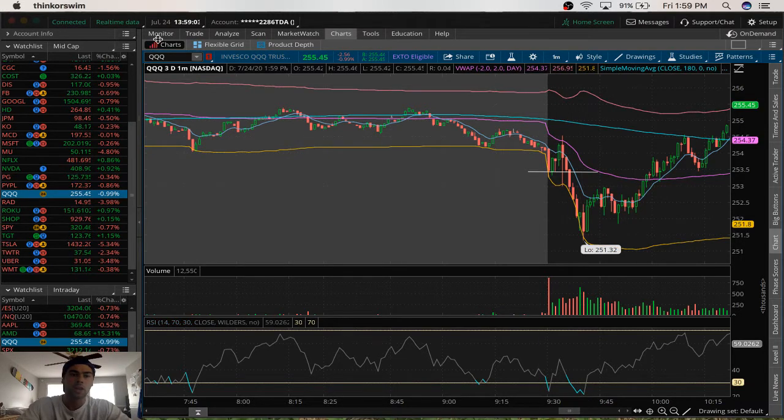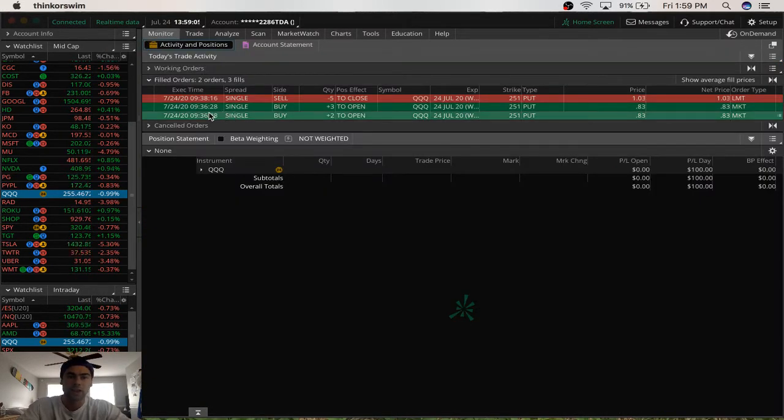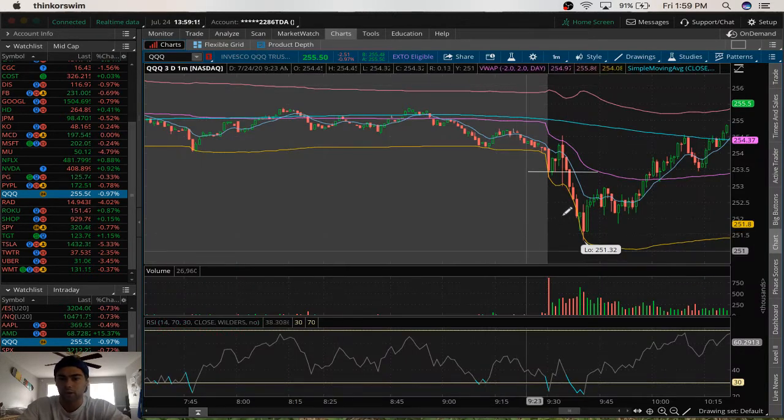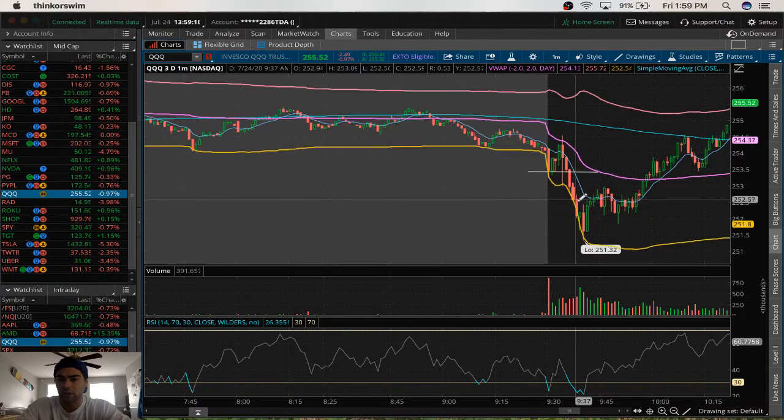So I'm going to go ahead and pull up my trade here. You can see I got in at 9:36 in the morning on QQQs with some Q puts. Then I got out at 9:38, just 2 minutes later, selling on this candlestick here as we moved down, and I was able to get myself a nice 20% profit on this trade.